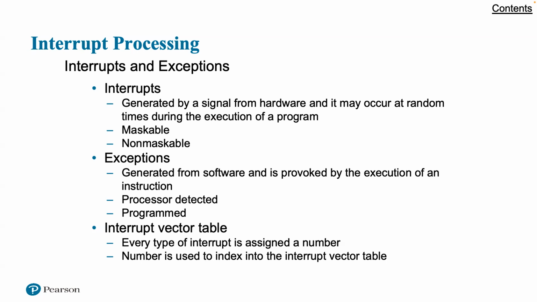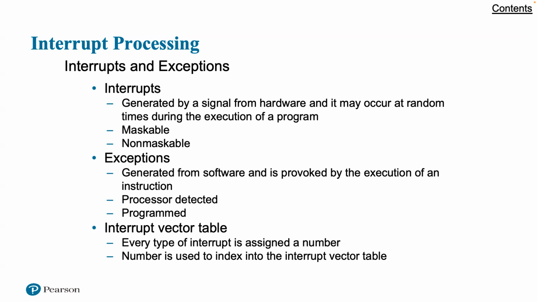Interrupt processing on the x86 uses the interrupt vector table. Each type of interrupt is assigned a number, and this number is used to index into the interrupt vector table.